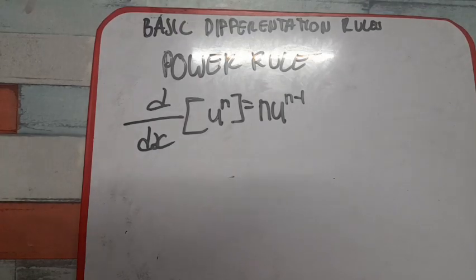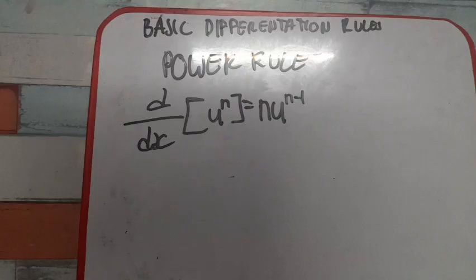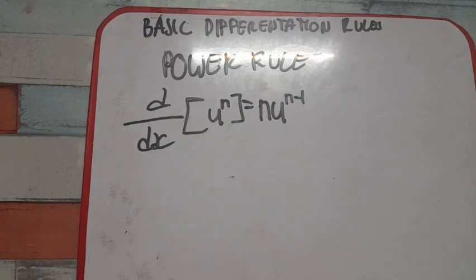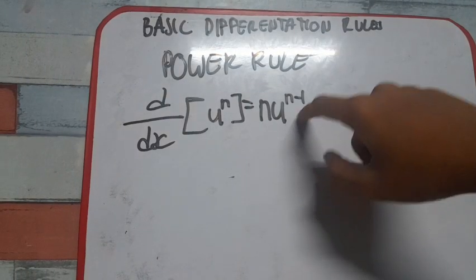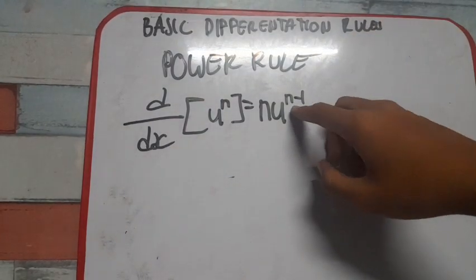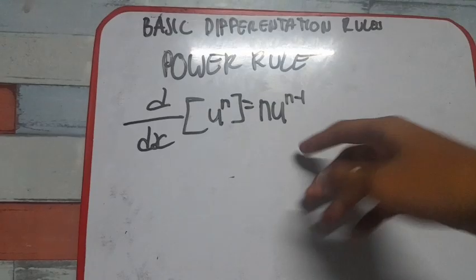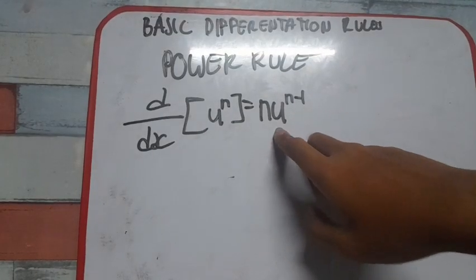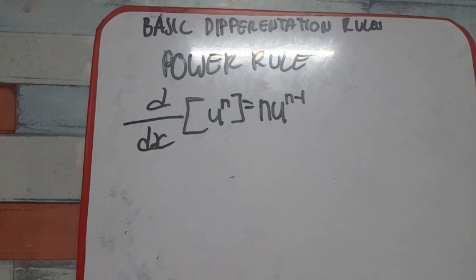Now we have the power rule. It is stated that the derivative of this function with respect to x is equal to n times x raised to n minus 1. As said earlier, the exponent is brought down next to the x, or whatever variable this is, and the exponent is reduced by 1.